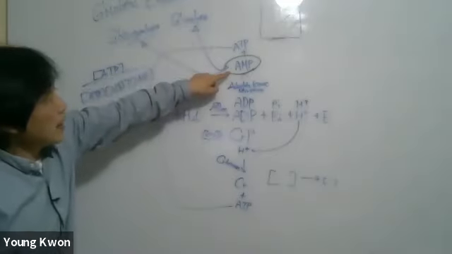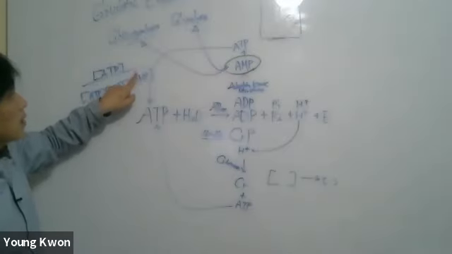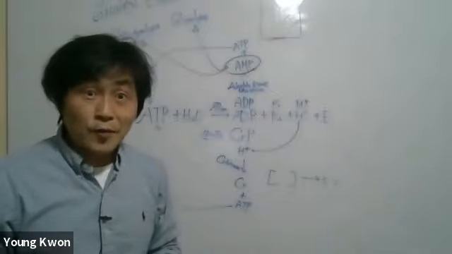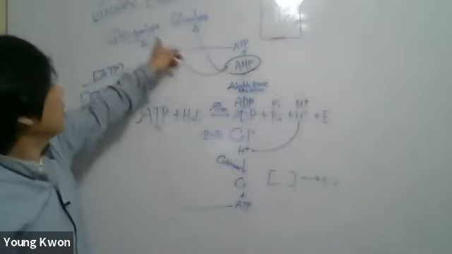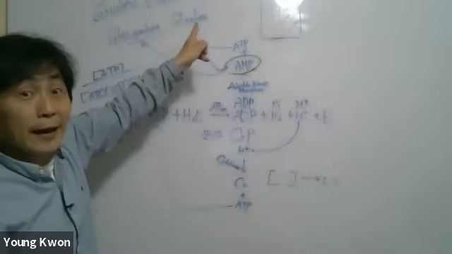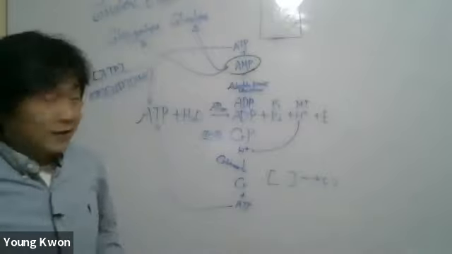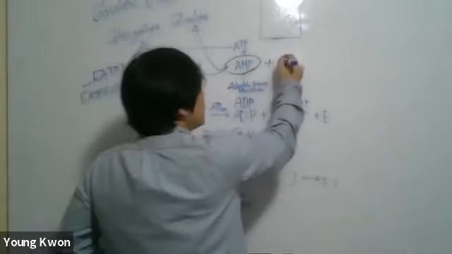AMP is here in the denominator. So if this AMP is increased, this ratio decreases. So this is another explanation why AMP should be gotten rid of. But first, activate the glycolytic energy system, and later it should be gotten rid of. So this is our last reaction. To get rid of AMP, we need water.